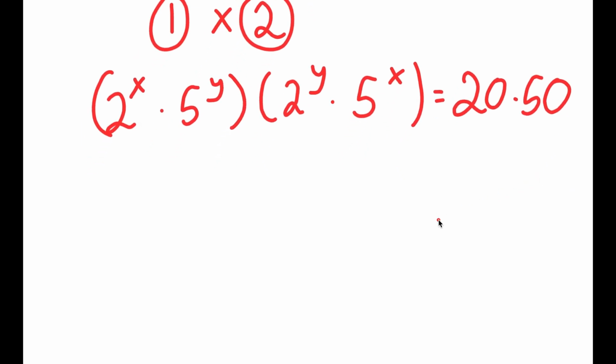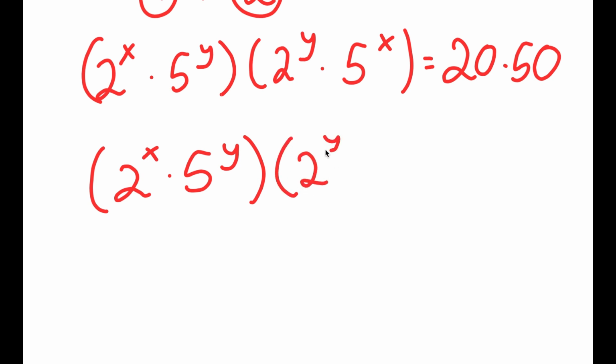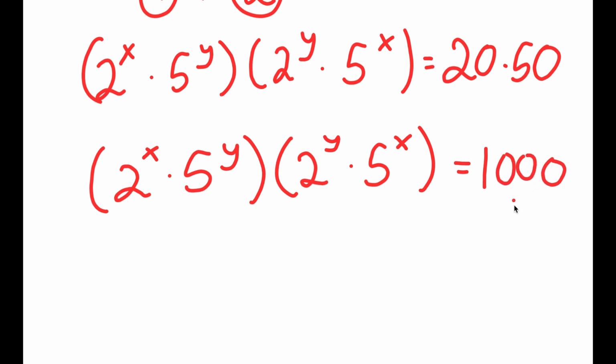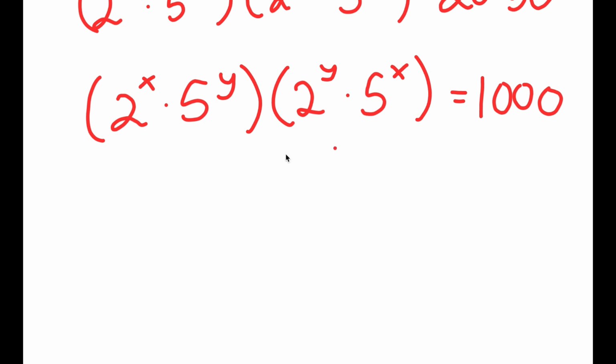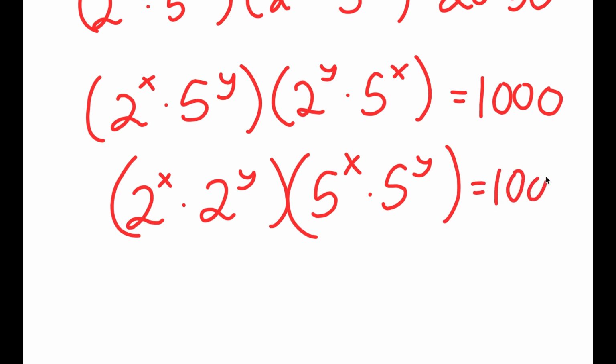So now from here I get 2 to the power of x times 5 to the power of y times 2 to the power of y times 5 to the power of x is equal to 1000. Now what I can do is regroup these, so I get 2 to the power of x times 2 to the power of y times 5 to the power of x times 5 to the power of y. So I just switched the places of 5 to the power of y and 2 to the power of y.